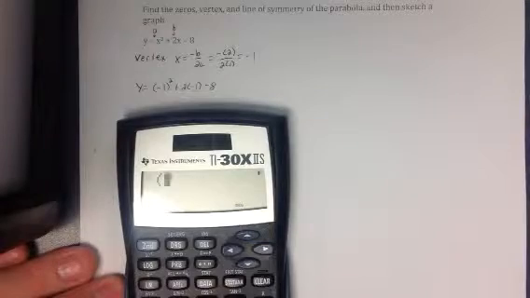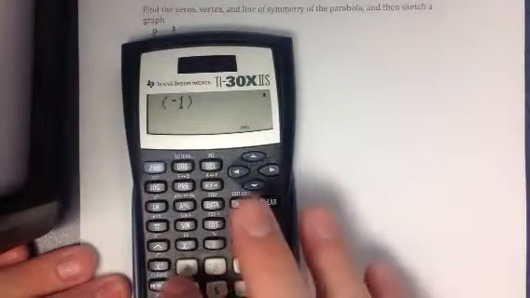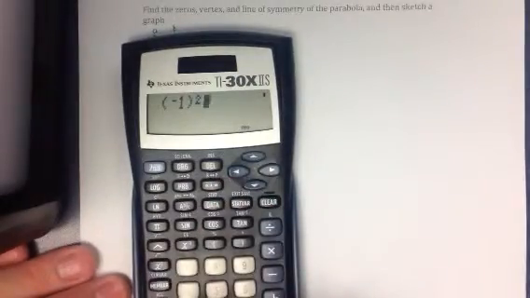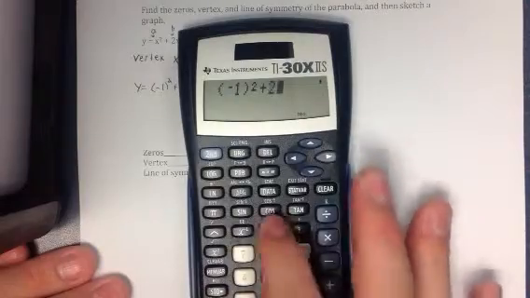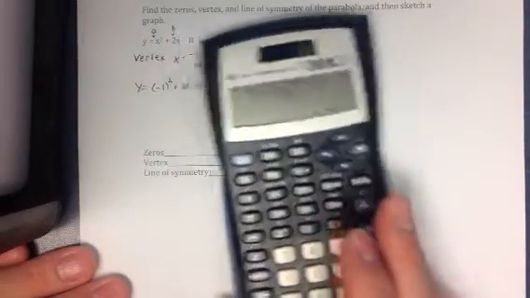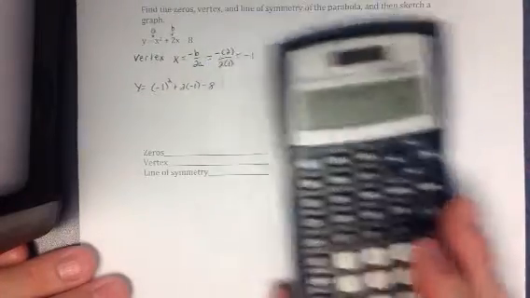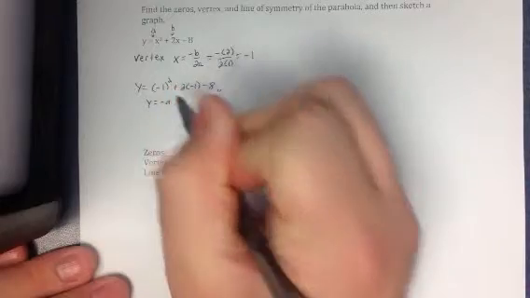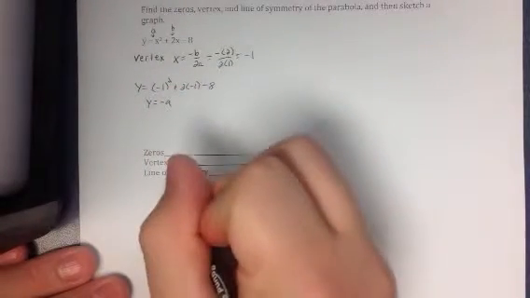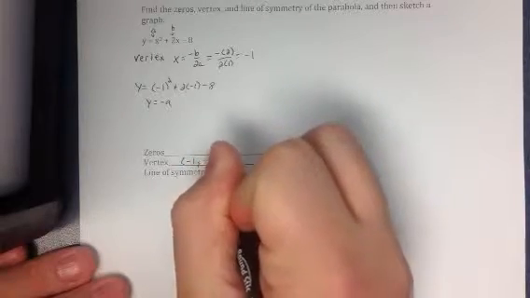So parentheses negative 1 parentheses squared, then we have plus 2 parentheses negative 1 minus 8, and you get negative 9. So the y value of the vertex would be negative 9. So my vertex, we got the point negative 1, negative 9.